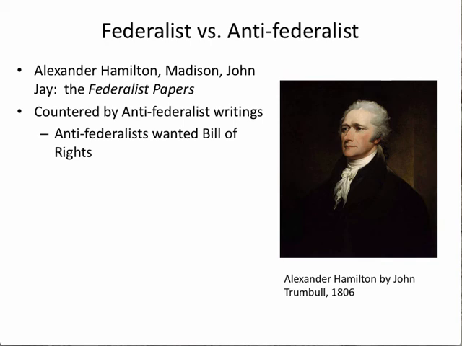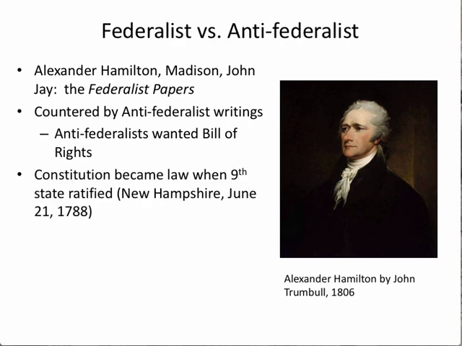So during the ratification process, there was no Bill of Rights, and there were very few places in the Constitution that actually mentioned or protected individual rights and liberties. And so many anti-federalists said, look, we might be willing to ratify, but we want to see a Bill of Rights added to the Constitution.